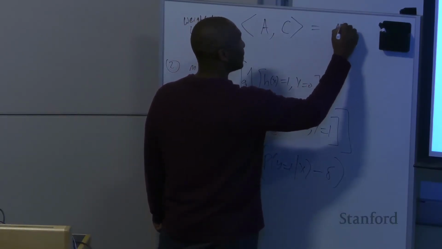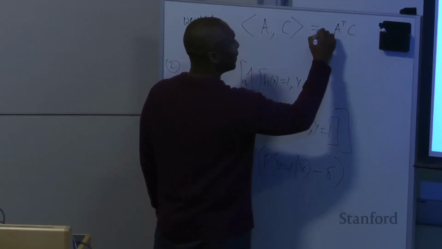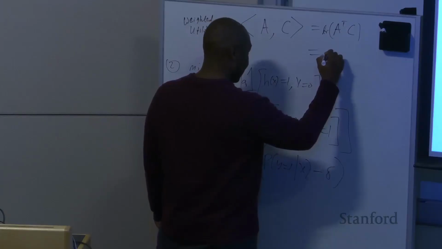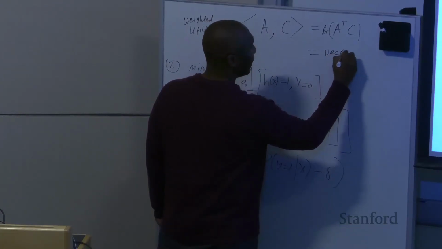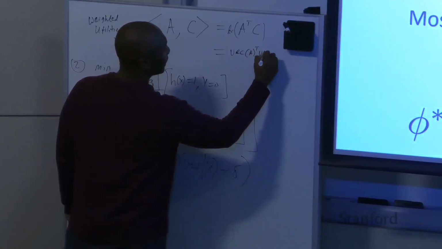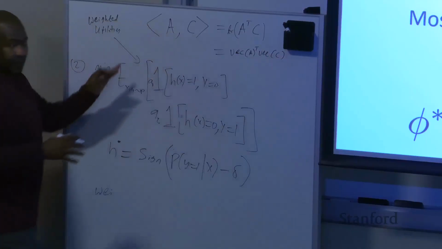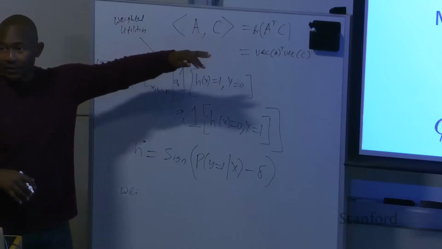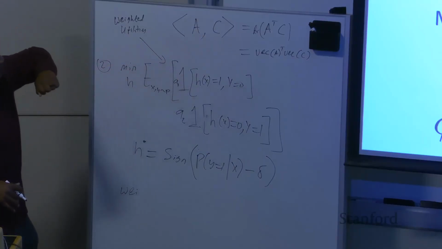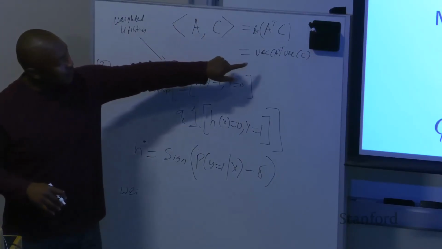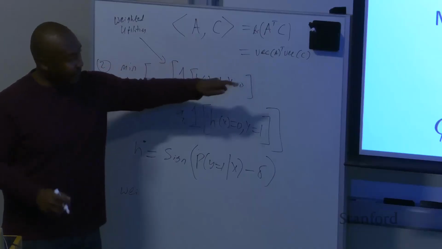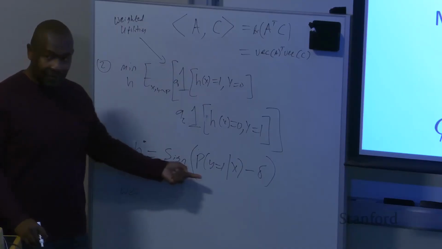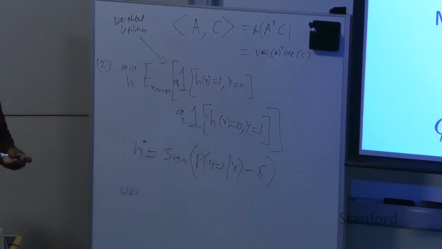You can write it as A transpose C, and then you do a trace. You can also write it as vectorizing A transpose vectorizing C. So all these weighted utilities have this form of linear combinations. And so the connection I'm hoping to make is that if I'm interested in a weighted loss or weighted error, all of these end up being solved by some kind of threshold classifier with some threshold somewhere.